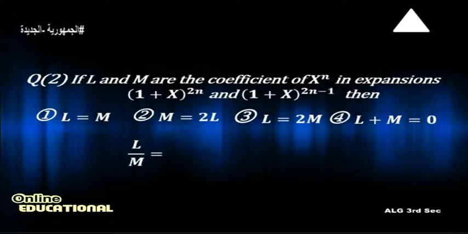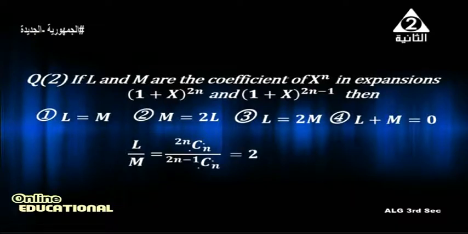At first, we divide L over M, which gives 2n Cn over 2n minus 1 Cn, and this ratio equals 2. Then L over M equals 2, and by cross multiplication, L equals 2M.